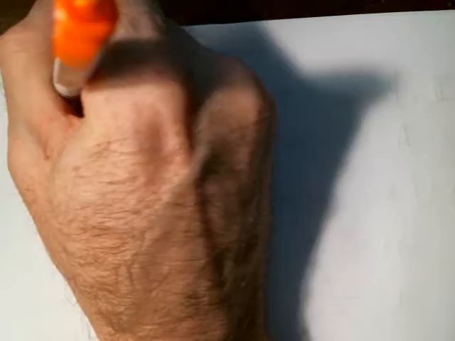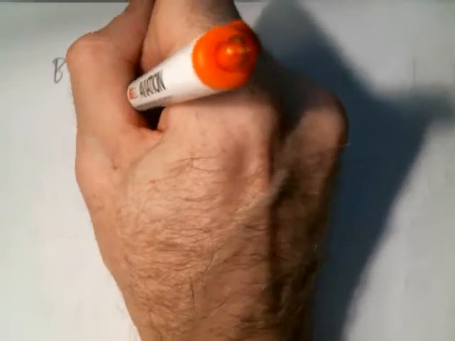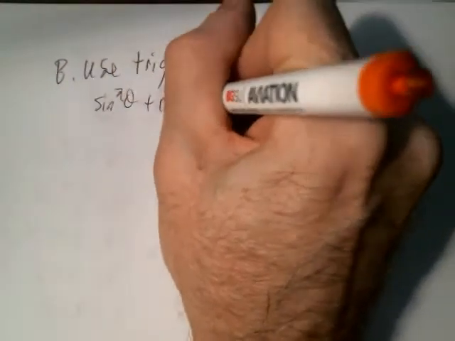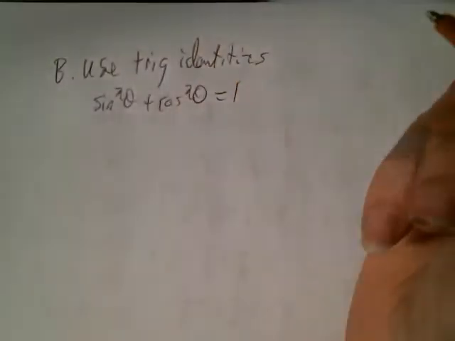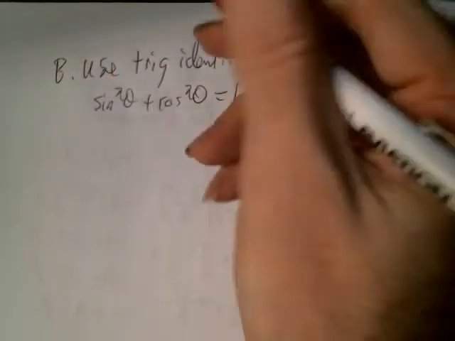Other methods then, using basic trig formulas. For instance, sine squared theta plus cosine squared theta equals 1, or the other variations of that theme. Right?